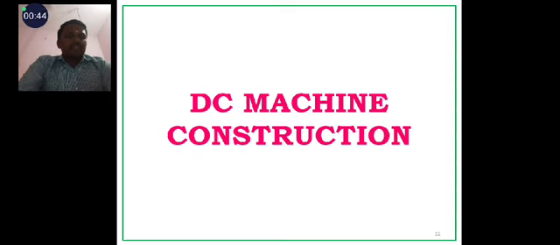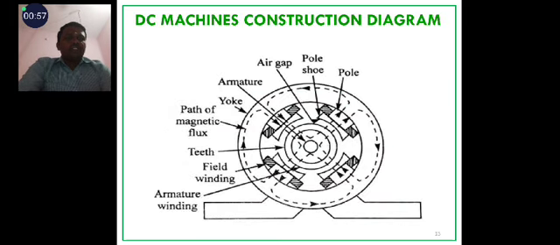DC machine construction: construction-wise, both the generator and the motor have the same construction. This is the DC machine construction diagram.